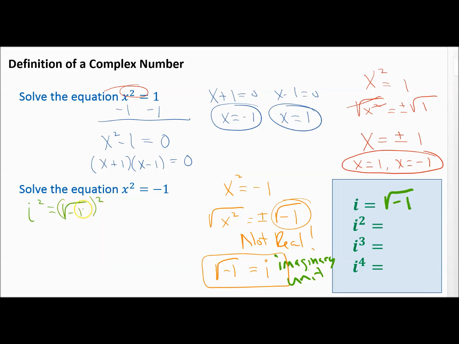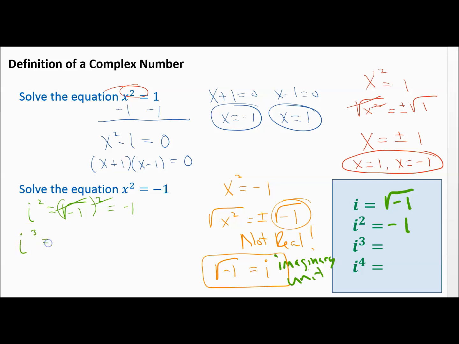Now notice the square root and the square, remember those are inverses of each other, so my answer is -1. Here's what I want you to remember. Anytime you see i squared in some kind of calculation that you're working with, you automatically replace i squared with -1. Again, it's because when you square the square root of -1, the square root and the square cancel.